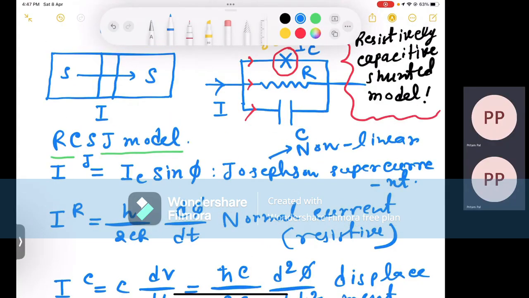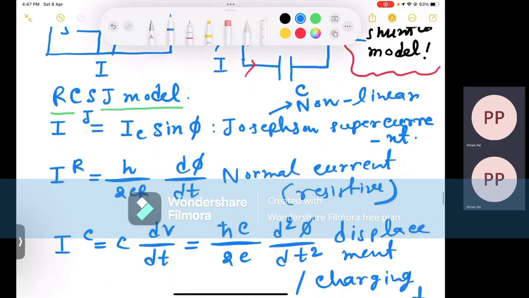So this is your Josephson current, IC multiplied by sine phi, the Josephson supercurrent. This is of course a non-linear term that we are dealing with, and then the resistive component comes. It means current is V over R, voltage divided by resistance.